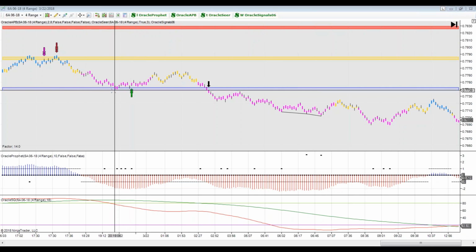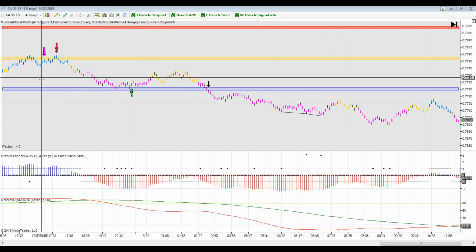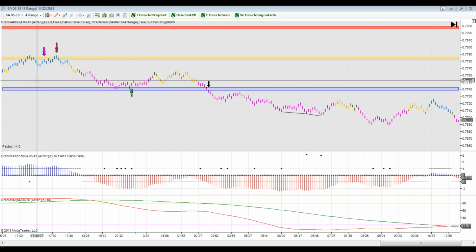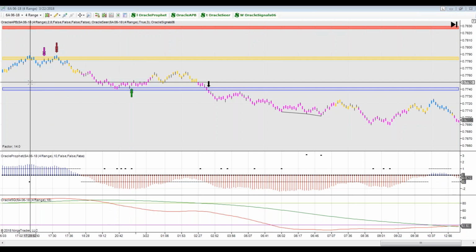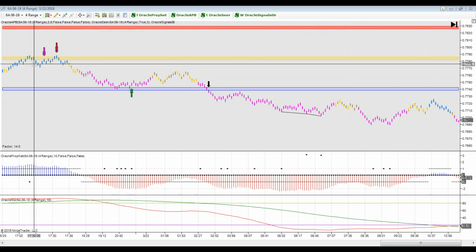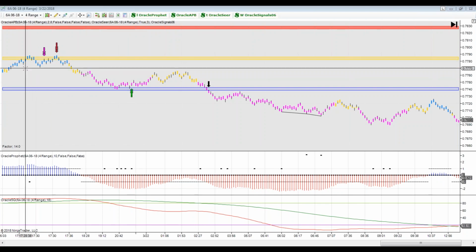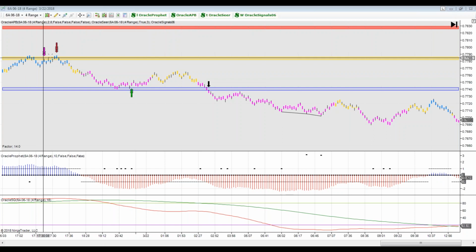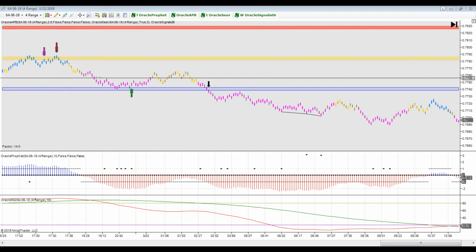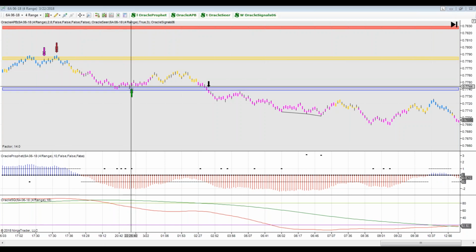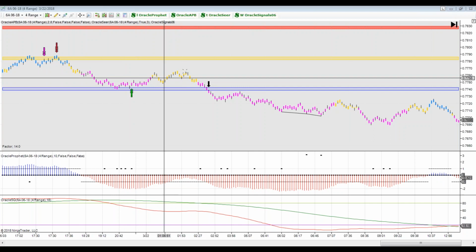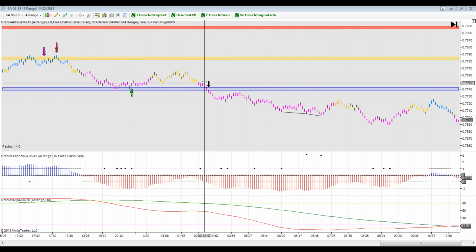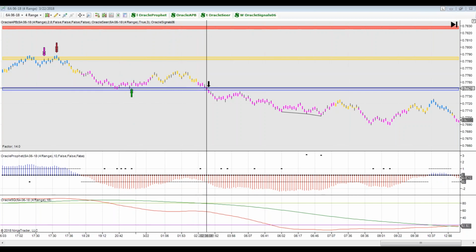So here today in the Aussie dollar, I showed what the trend was for the day earlier. I showed what the projected levels were for the day, and these were the actual trade setups that were taken: trading with the trend, short trades through the gold band, then the opposite counter trend trade for a long here, and then lastly a short trade again as we broke through the bottom of our projected daily buy area.